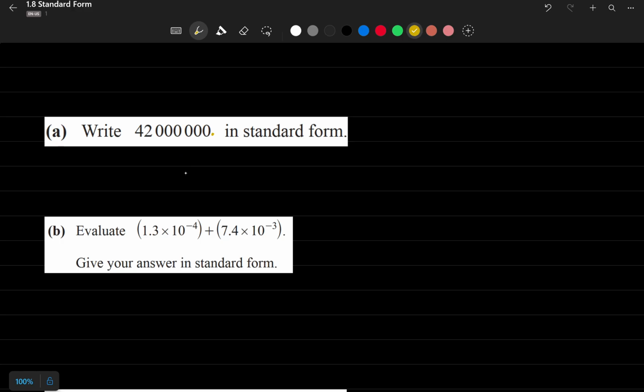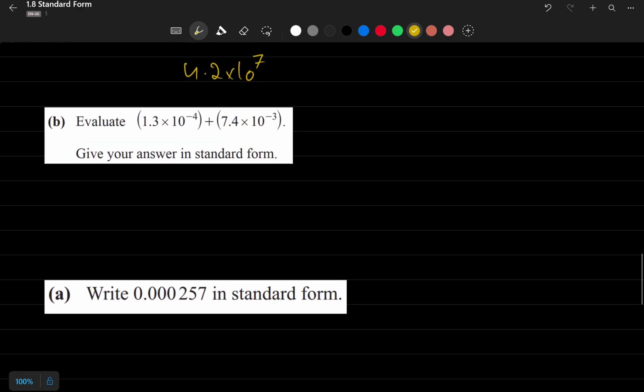Let's make space. 4.2 into 10. Now we have to move decimal once, twice, thrice, fourth time, fifth time, sixth time and seventh time. Moving towards left makes the power positive, so 4.2 into 10 raised to power 7. This is your final answer.